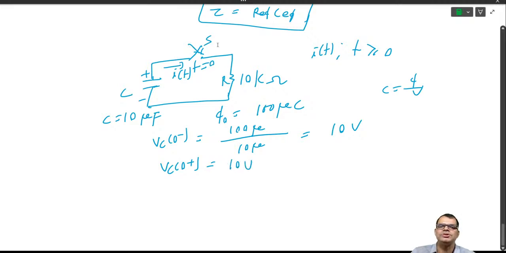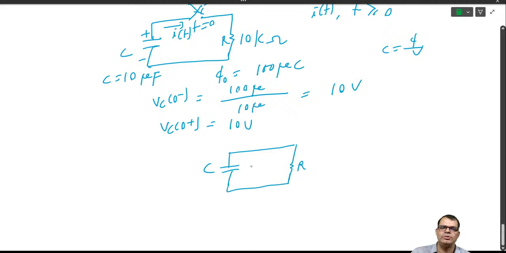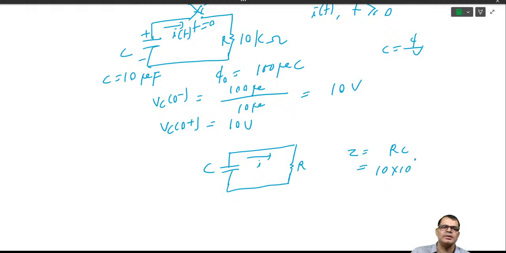Now after switching you have to see how the circuit looks. After switching the circuit looks like this, R and C, and this is your i. So the time constant is simply RC. What is R? 10 into 10 to the power 3.